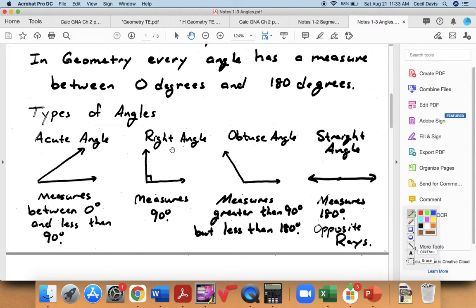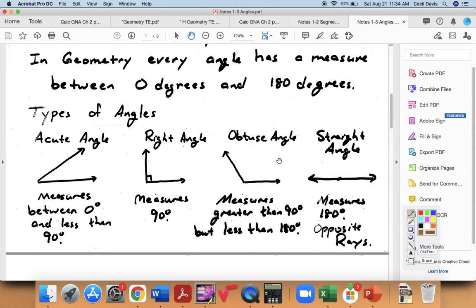When you're building something, if you're building a wall, you want it to be at a 90-degree angle to the ground or to the floor. So that is called a right angle. That is the correct angle, if you will. That's where this term came from, that it's correct if it's at a 90-degree angle to your floor. So that measures exactly 90 degrees.